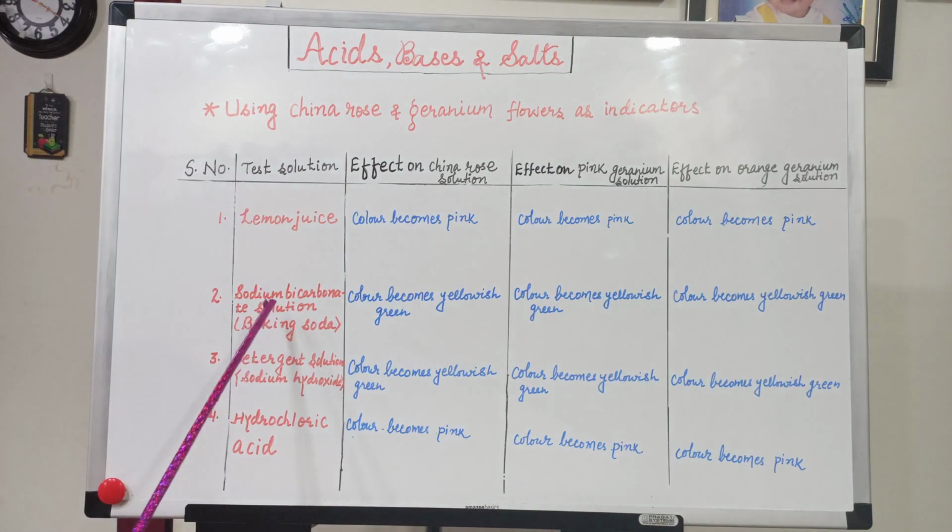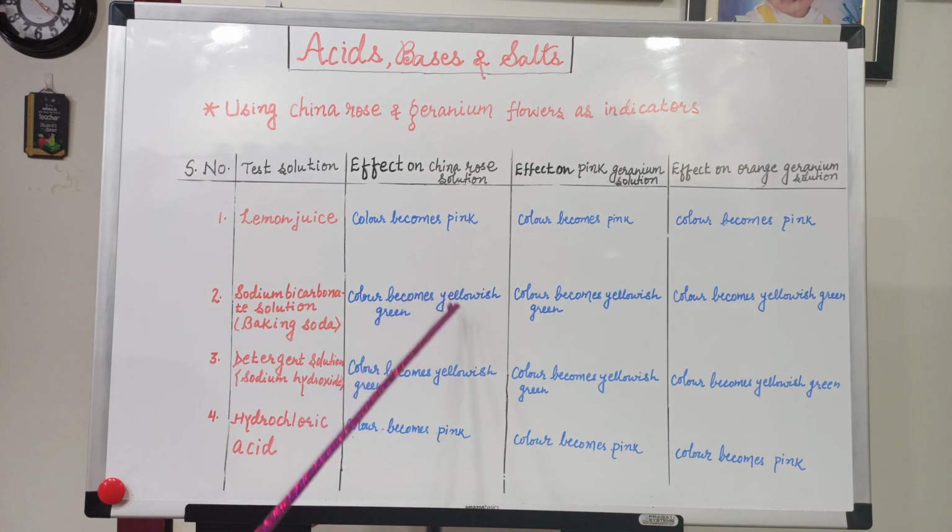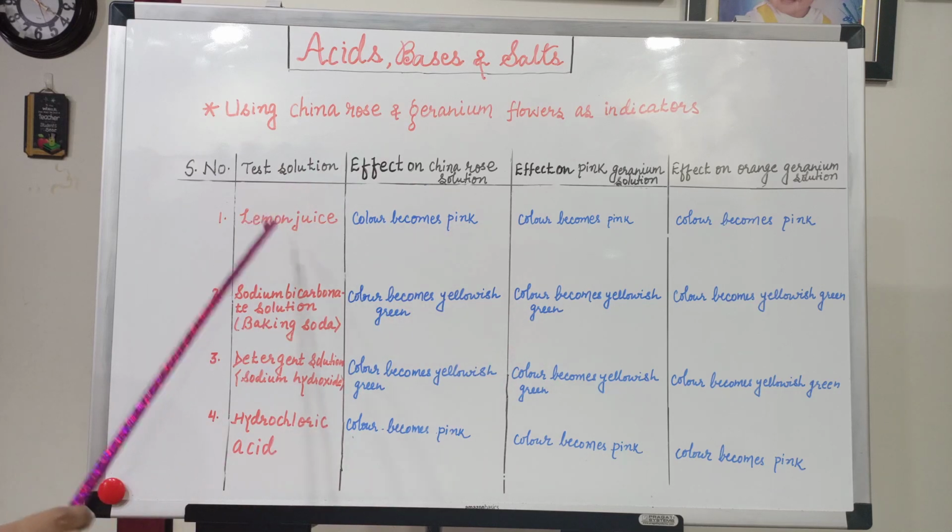So, for sodium bicarbonate and detergent solution, the color is yellowish green in all the cases, and for the acids like lemon juice and hydrochloric acid, the color is in the shades of pink. Thank you.